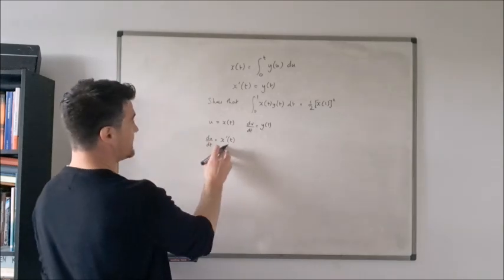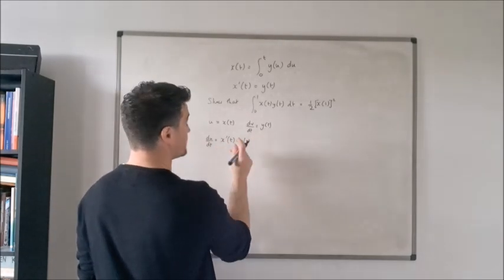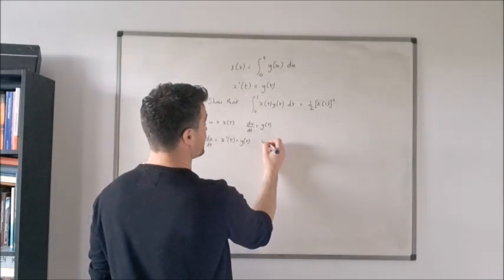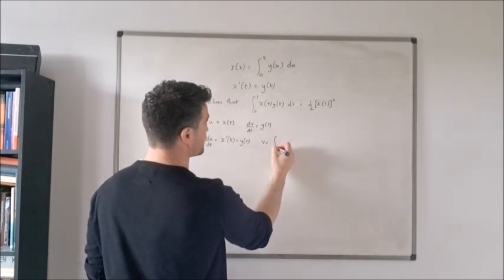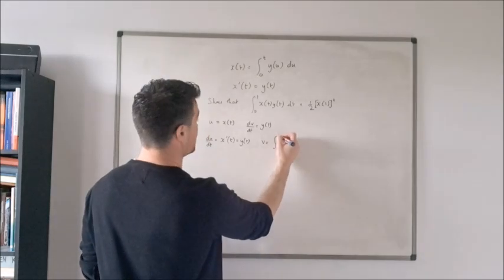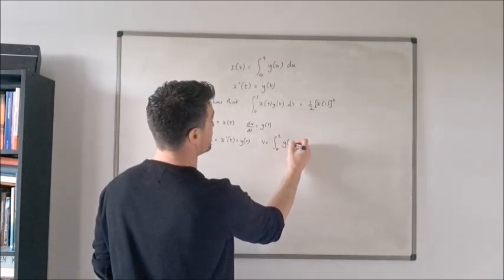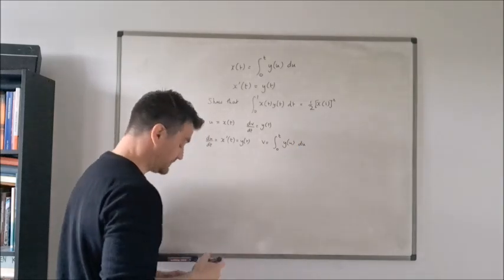So du by dt is going to be x prime of t, which is also equal to y of t, interestingly. And v is going to be equal to the integral from 0 to t of y of u du.